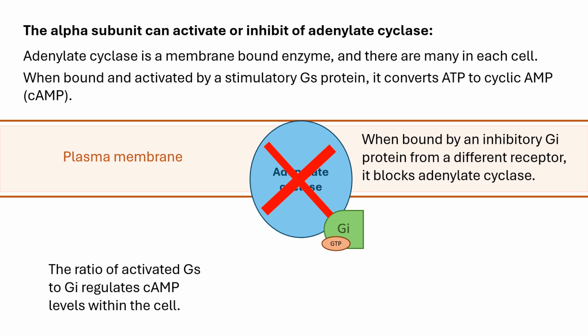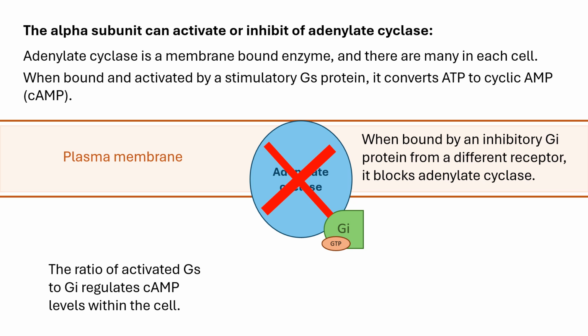That means that the ratio of activated Gs to Gi regulates the levels of cyclic AMP within the cell. Bear in mind we said there's lots of adenylate cyclases, so 50% of them are activated by a Gs and 50% are inhibited by a Gi.